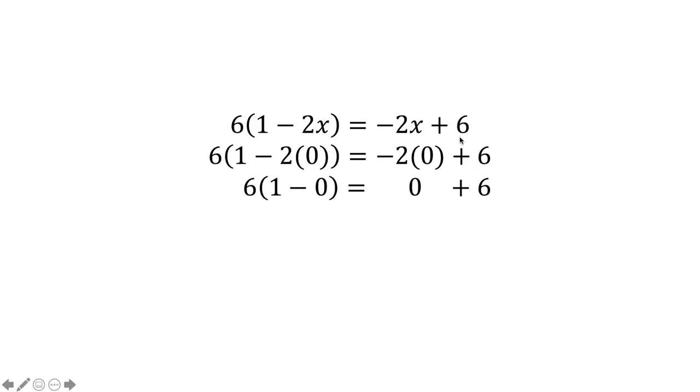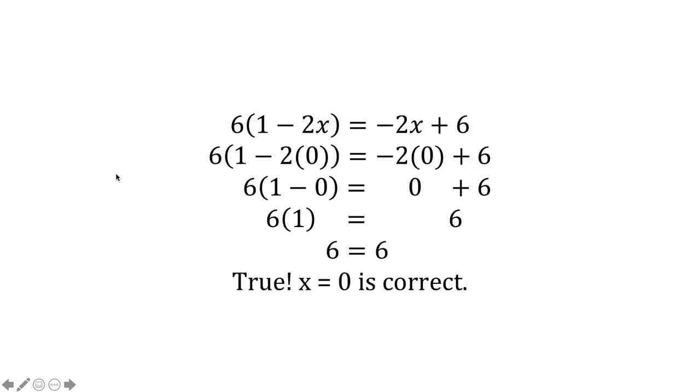And on the right side, I'd do minus 2 times 0 as well, which would also give me 0. Now over here, I would do 1 minus 0, which is 1. And 0 plus 6 is 6. So now I've got 6 times 1, which is plain old 6. 6 does equal 6. So when I plug this number in, 0, I'm getting that it works. This seems to be fine. x equals 0 is correct.